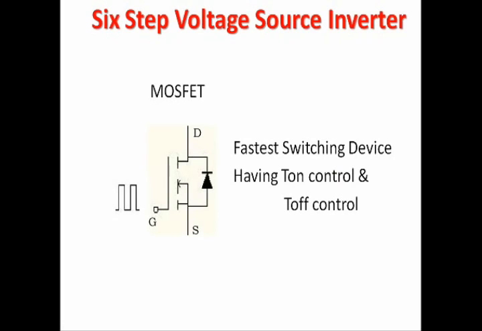This MOSFET is also a very fast switching device, and it has its own turn on and turn off control. While comparing this MOSFET with the SCR, the SCR can be turned on with the help of a gate pulse. It cannot be turned off with the gate pulse.